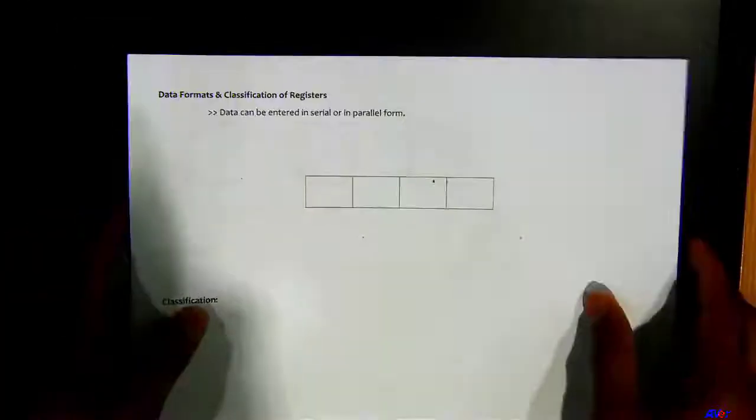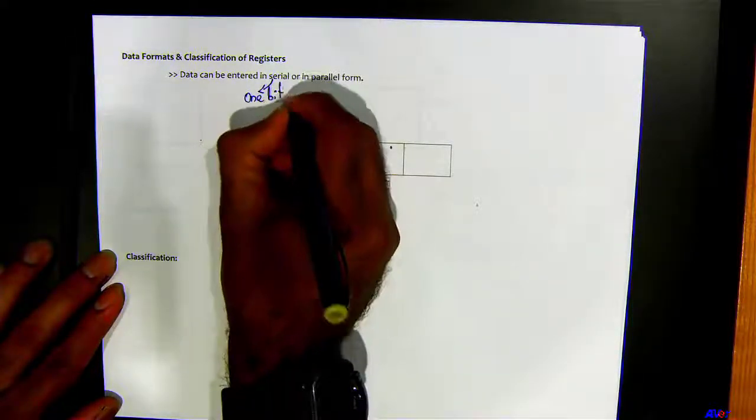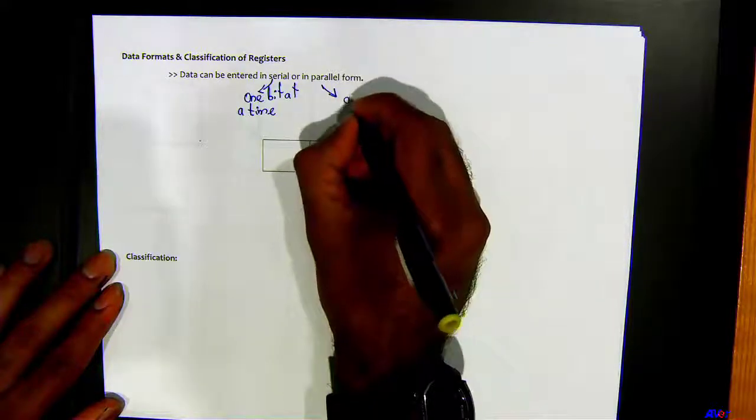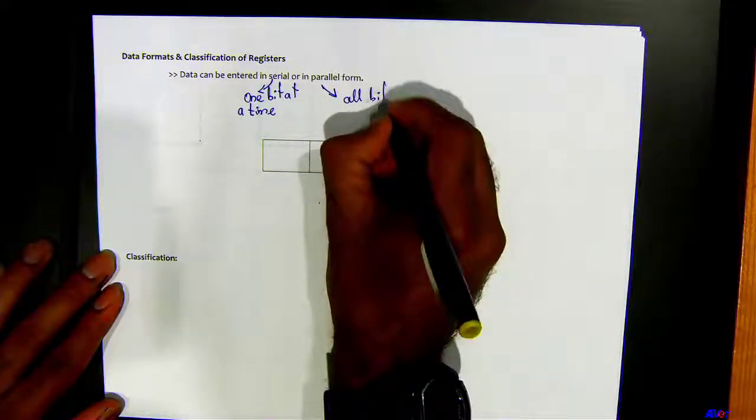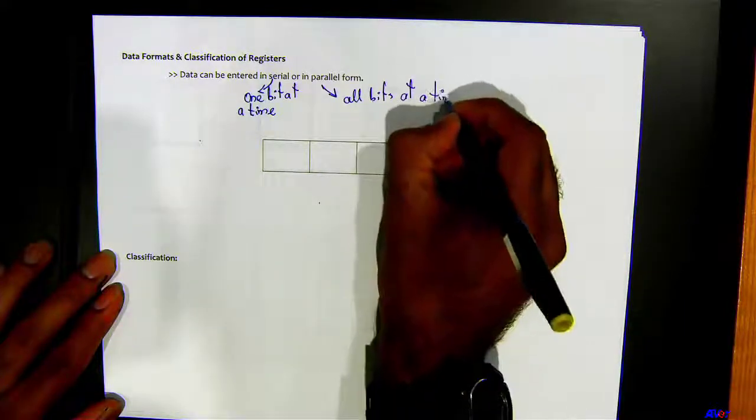Data formats and classification of registers. Data can be entered in serial or in parallel form. Serial would mean 1 bit at a time. Okay, 1 bit is stored at one time. Parallel would mean all bits at a time.